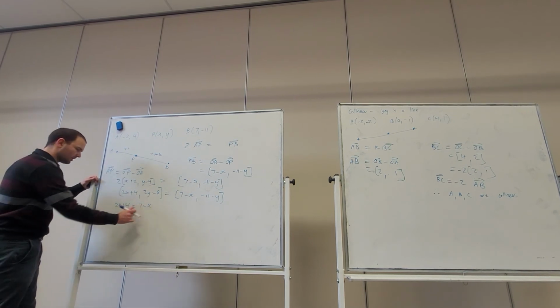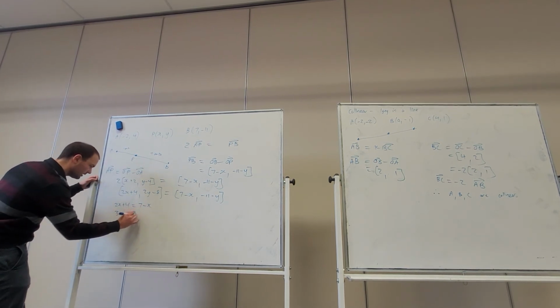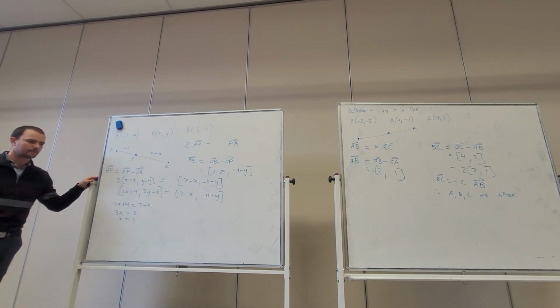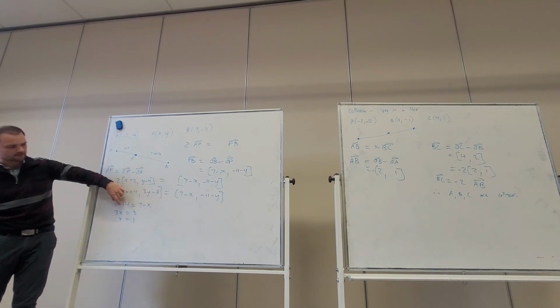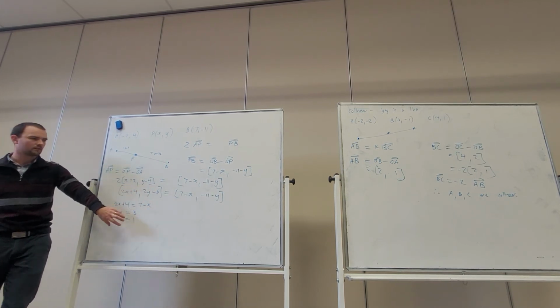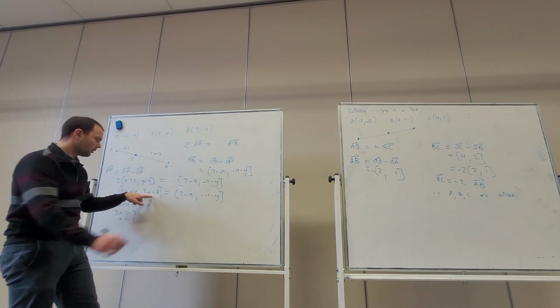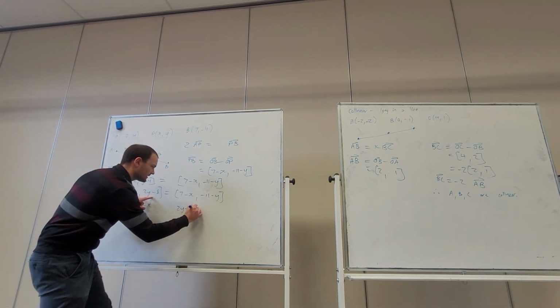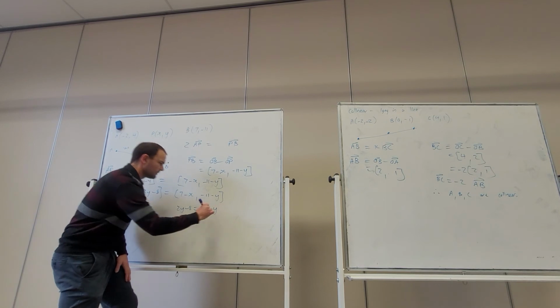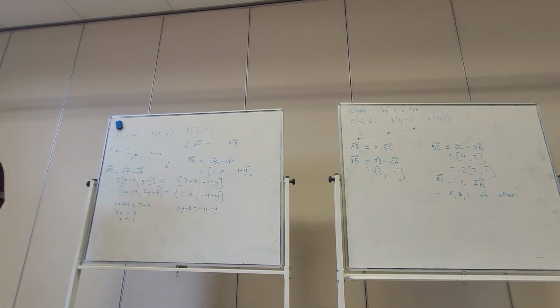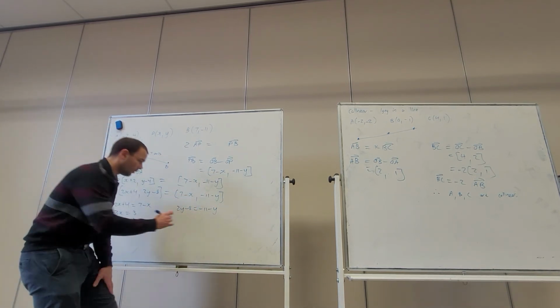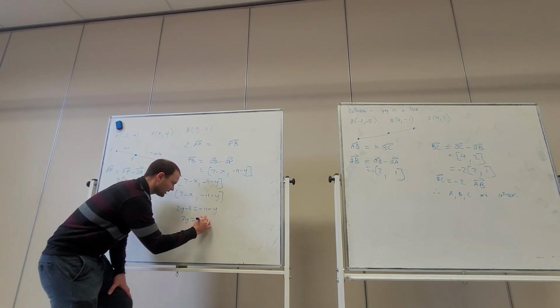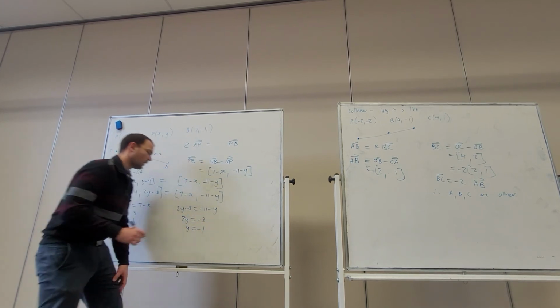Alright, so we're going to have 3x equals 3, x is 1. Add x to both sides, subtract 4 from both sides, 3x is 3. And then for the vertical part, we'll have 2y take 8 equals minus 11 take y. So we'll have 3y equals minus 3, so y is minus 1.